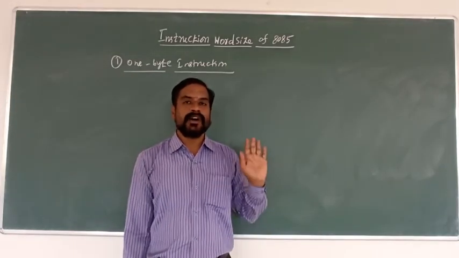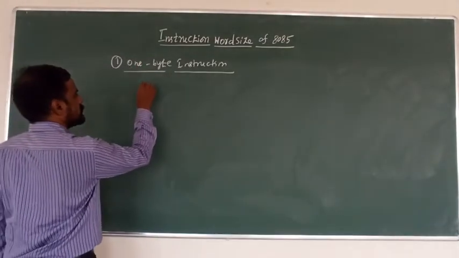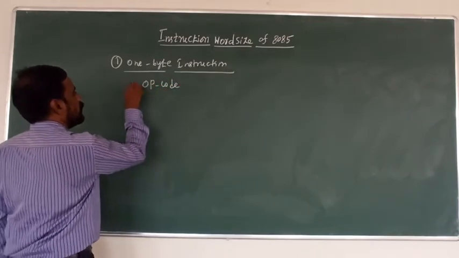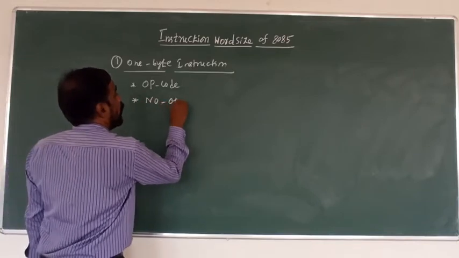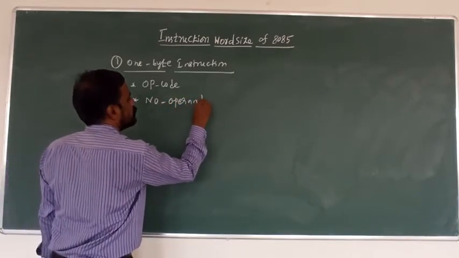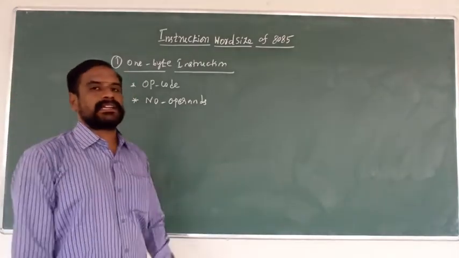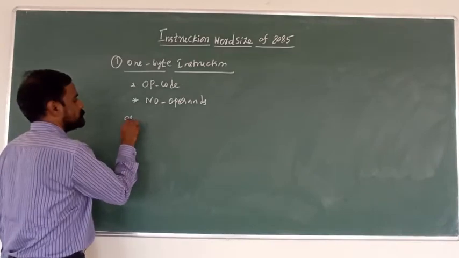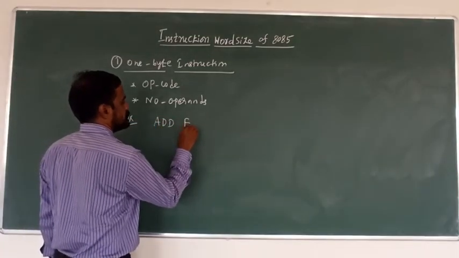There are no operands. This is called 1 byte instruction. Example, 1 byte instruction ADD E.